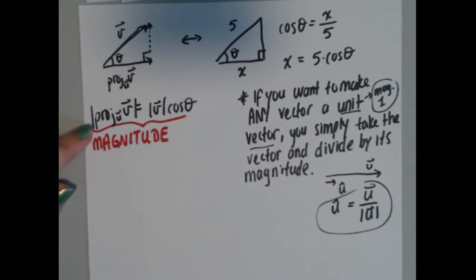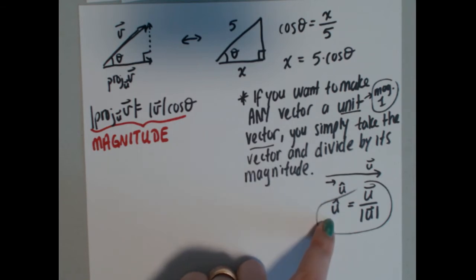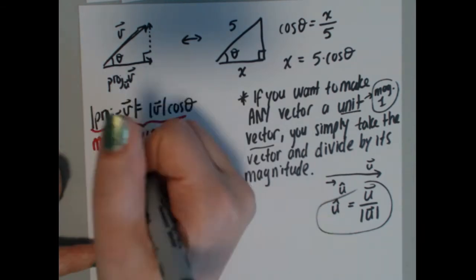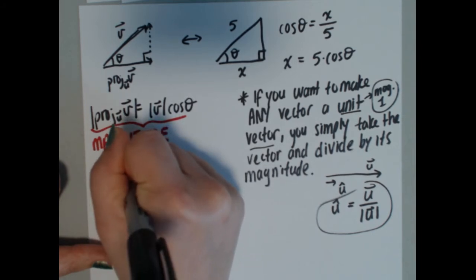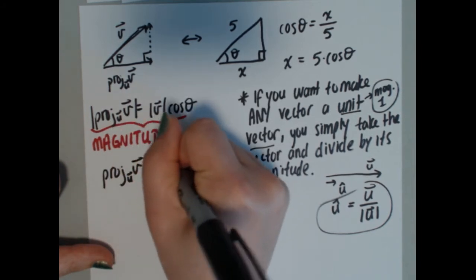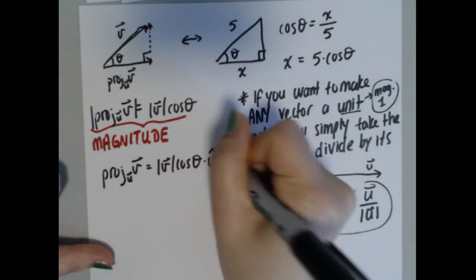I have to give a direction, and I know the direction is in the direction of vector u. So what I can say is that this is in the direction of u hat. So the projection of v onto u is equal to magnitude of v cos theta. There's the magnitude, and I say it's in the direction u hat.